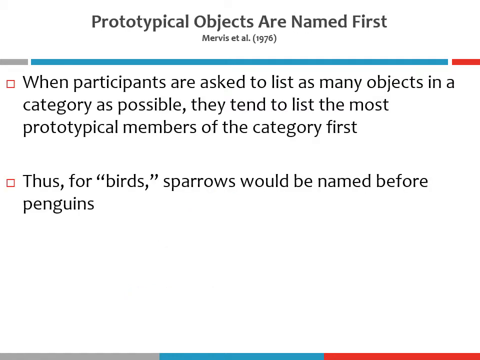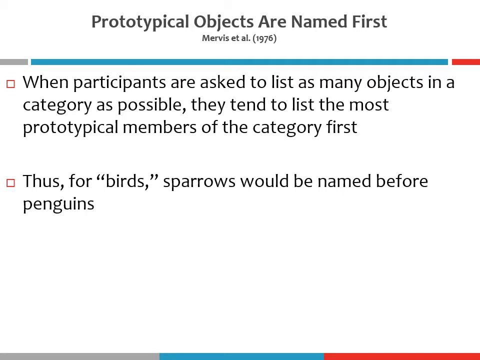Another interesting finding is that when we ask participants to list as many objects in a category as possible, they tend to list the most prototypical members of the category first. Thus, for birds, sparrow would be named before penguin.